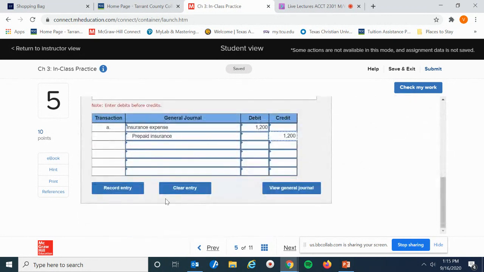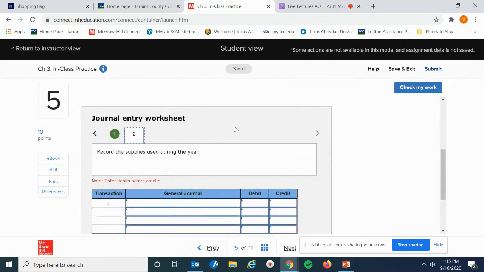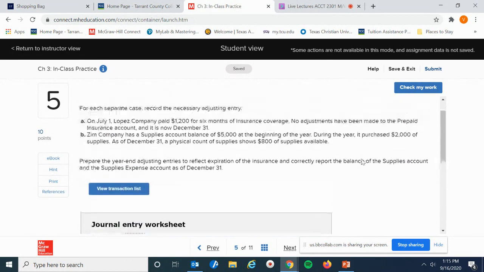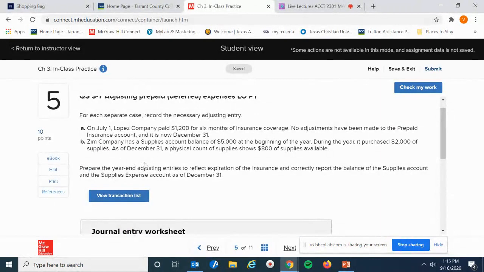So I'm going to go to the next transaction, record the supplies used during the year. Here's the next transaction. Zim Company has a supplies account balance at the beginning of the year of $5,000. So $5,000 is what they had available to use at the beginning of the year.